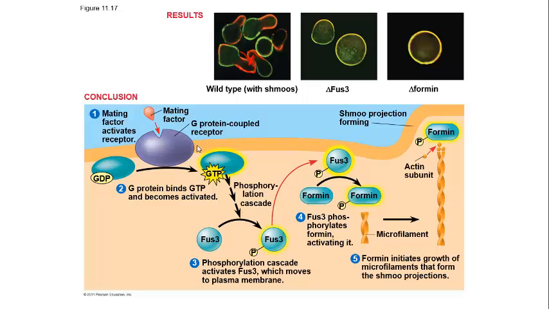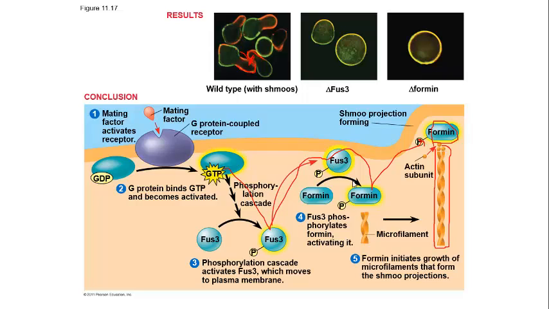It binds to a G protein coupled receptor, causes a G protein to get activated through phosphorylation, and that begins our phosphorylation cascade. Now the last protein to be phosphorylated, its job is to produce actin microfilaments. Actin microfilaments make up what we call the cortex.